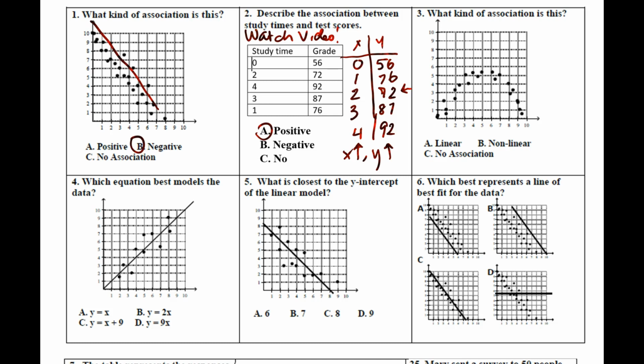What kind of association is this? This looks like a semicircle. It's nonlinear. Number 4, which equation best models the data? All right, so here we're talking about y equals mx plus b. When we look at that, we can see that it has a positive slope, so all of these are positive.